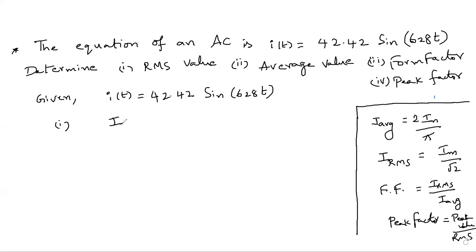They are asking RMS, that is Im by root 2. So here, what is the value of Im from the given equation? It looks like Im sine omega t. So from this, what is the value of Im from the given data?